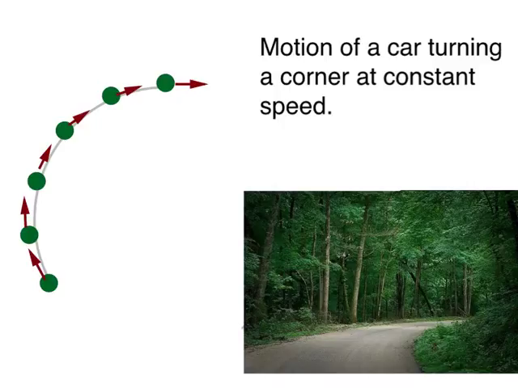So we have three options for changing velocity. An object can speed up, it can slow down, or it can change direction, or it can do some combination of those things. When you really drive your car, you might slow down going into a corner, so slow down and turn at the same time, and then coming out of the corner, you might speed up. You might speed up and turn the corner at the end.